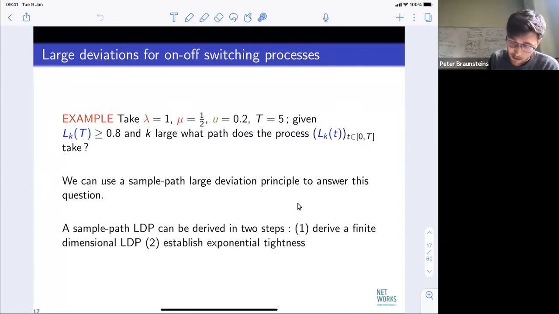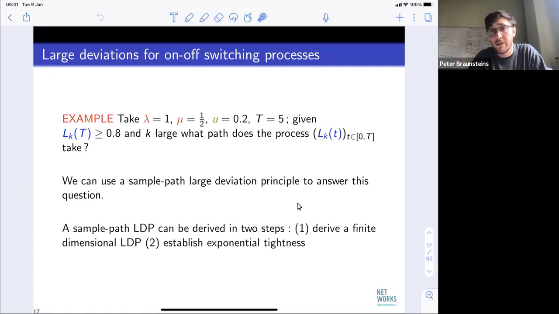We can use a sample path large deviation principle to answer this question. A sample path large deviation principle can be derived in 2 steps. Step 1, we derive a finite dimensional large deviation principle. In step 2, we establish exponential tightness. We can see a parallel to convergence of stochastic processes.